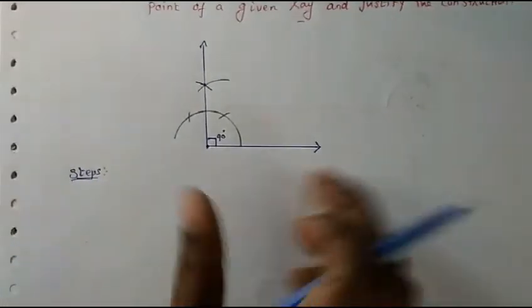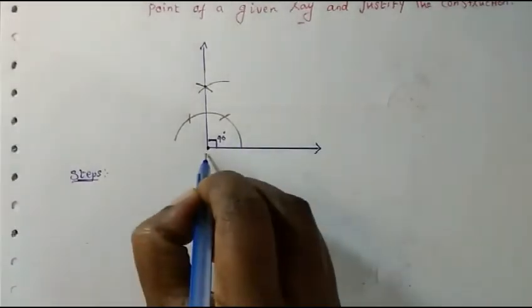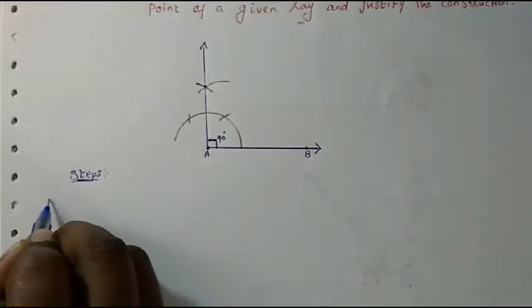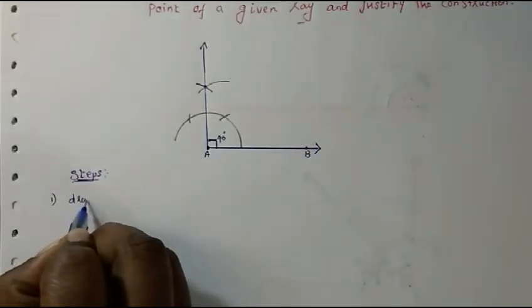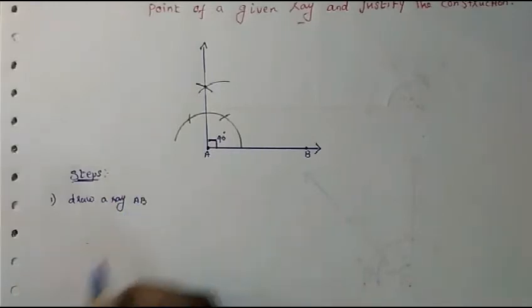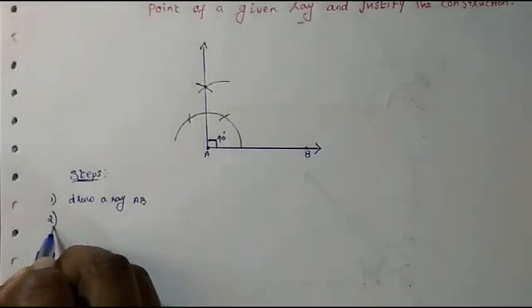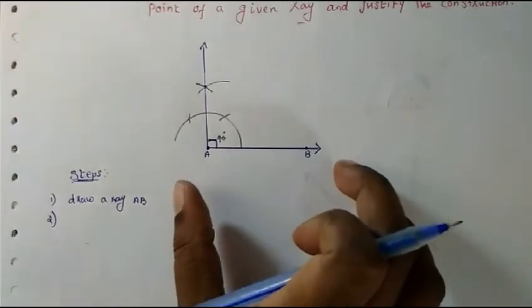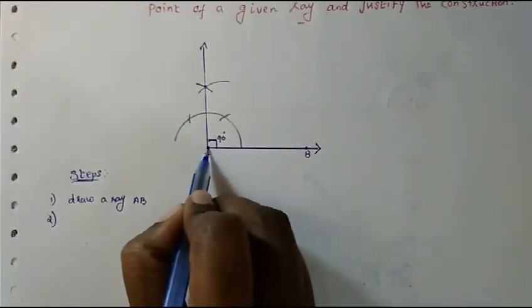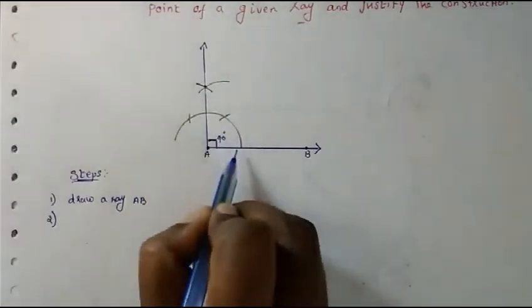So first what we did, draw a ray. Let's name it A and this as B. So first, draw a ray AB. Next, after drawing the ray, we took the compass and kept it on this point A and drew a semicircle.